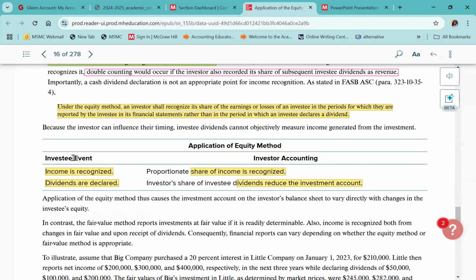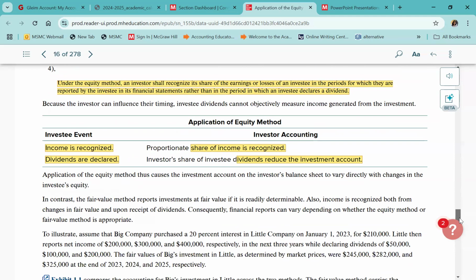And if the investee declares dividends, then the investor is going to reduce its investment account by the amount of dividends. Notice that this is not dividend revenue for the investor under the equity method.